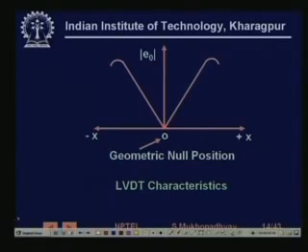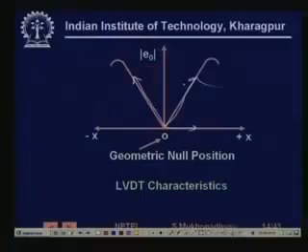If you just look at the amplitude, then the LVDT characteristic looks like this: as it moves from the null position, the amplitude of E0 increases, and in this case also it increases, but there is a phase shift. So if you just see the amplitude, you cannot differentiate between a plus x displacement and a minus x displacement. The sense is lost just from the amplitude.